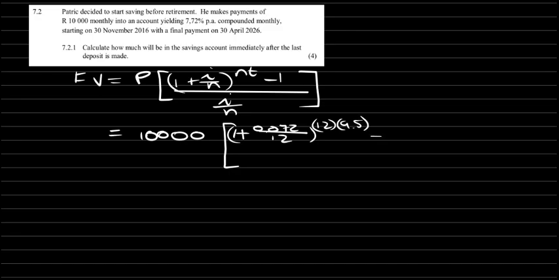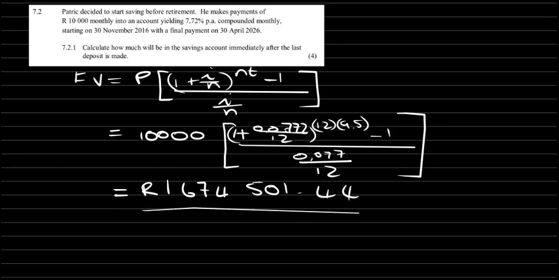If we start plugging in the values, we get 10,000 there, times (1 plus 0.0772 over 12) to the power 12 times 9.5, minus 1, all of this over, oopsie, I made a mistake here, this should be 0.0772 over 12.